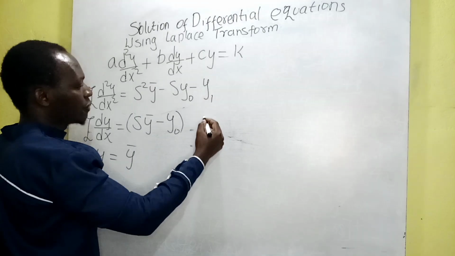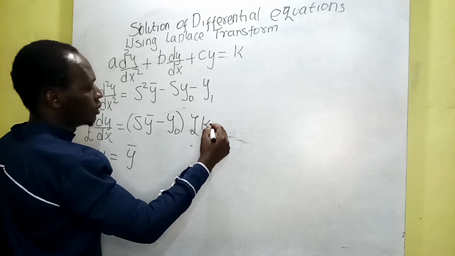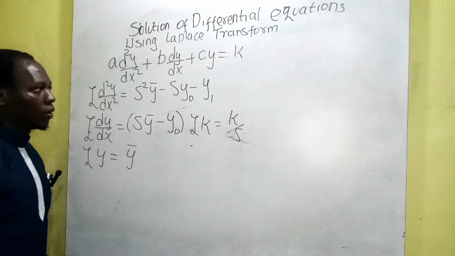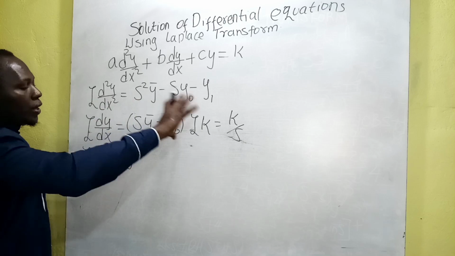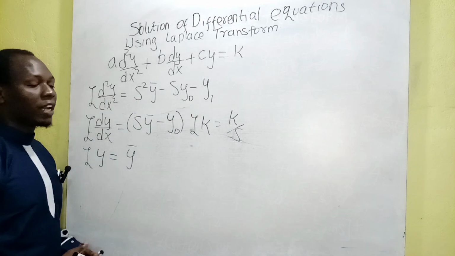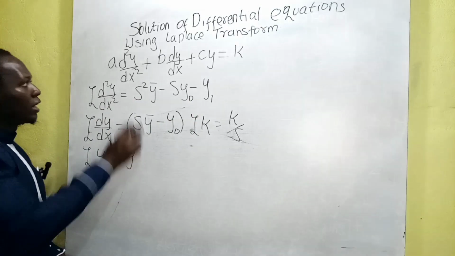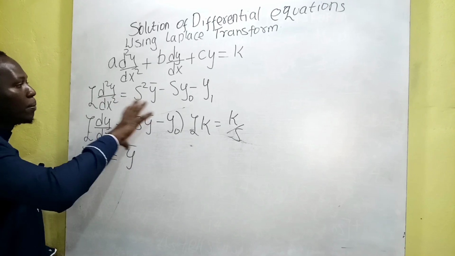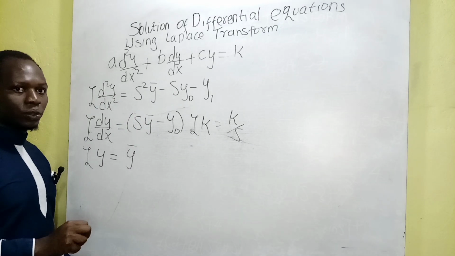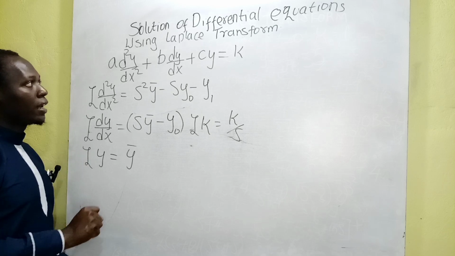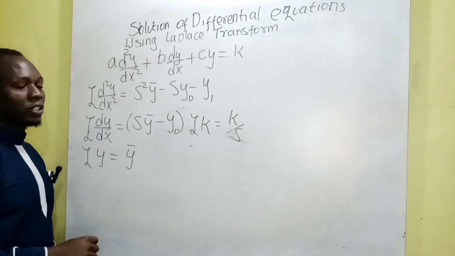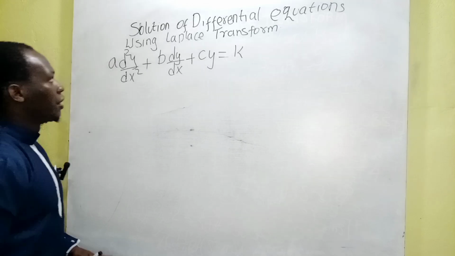Here the Laplace transform of our constant, we know, is going to be k over s. Once you understand all this, now you are good to go. Let us now simplify whatever we are having here, but this is the most fundamental concept that you need to understand when you are handling ordinary differential equations using the Laplace transform.